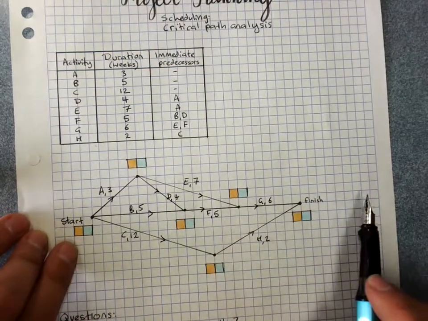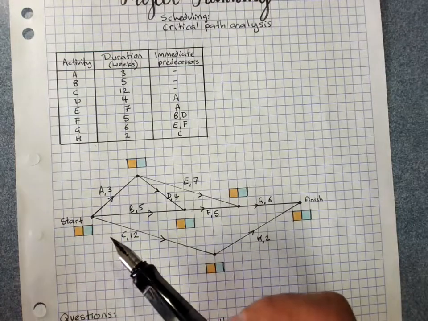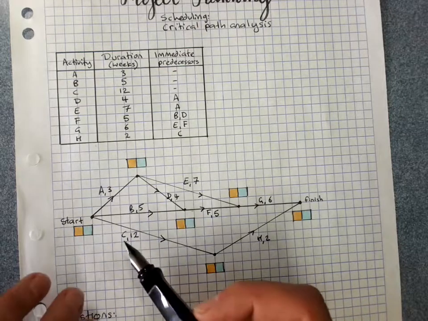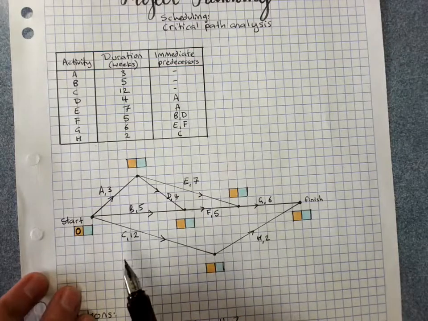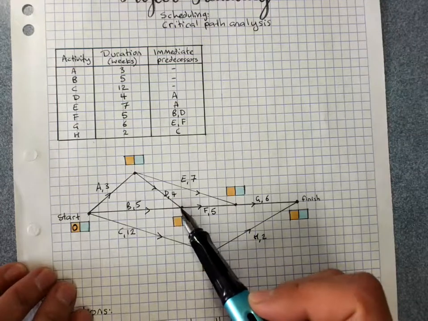We'll do forward scanning in our yellow box, and the first box there gets our earliest start time. So we always start with 0, and remember we need to look at both ways that we could get to any particular vertex.